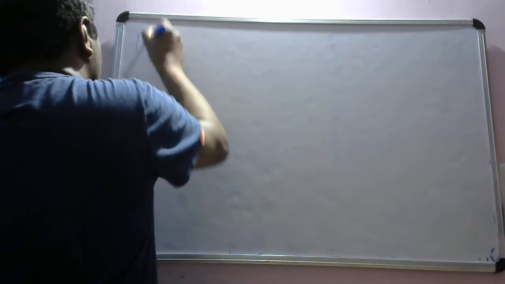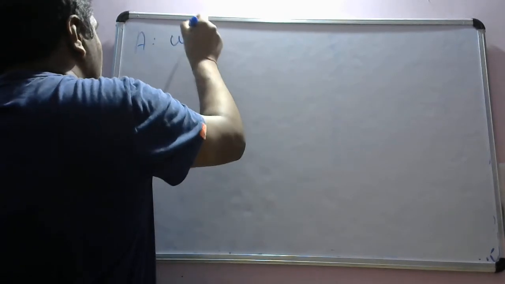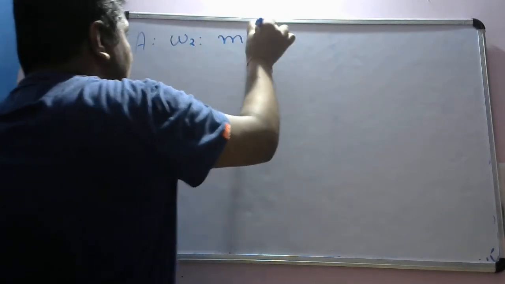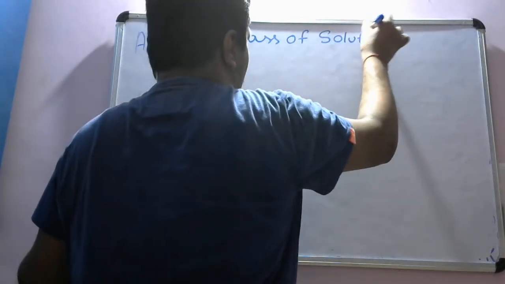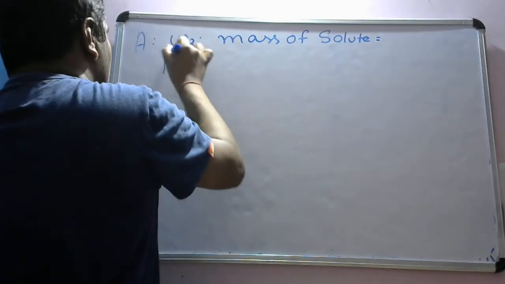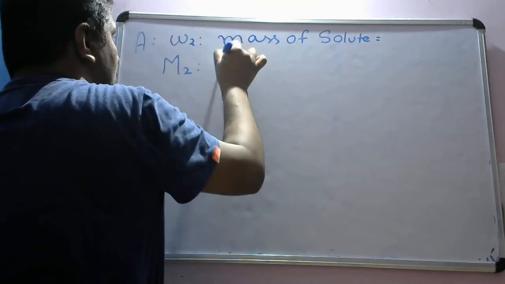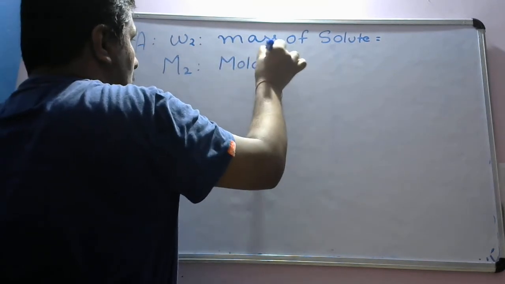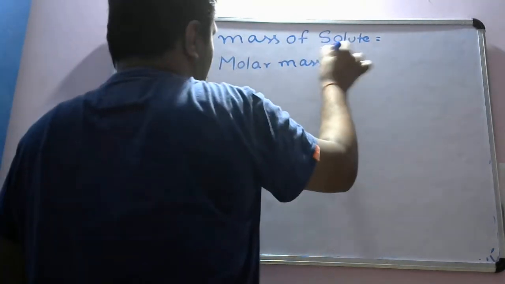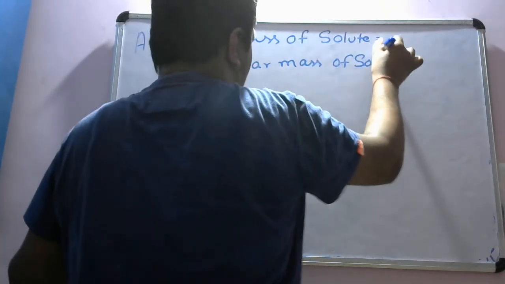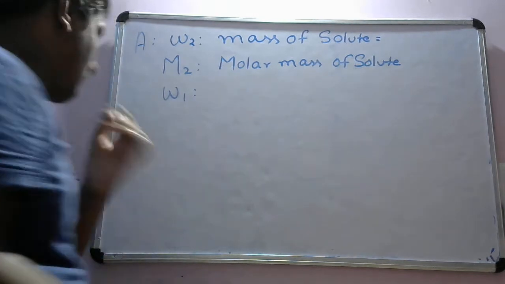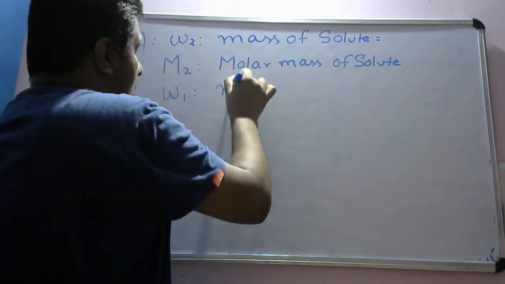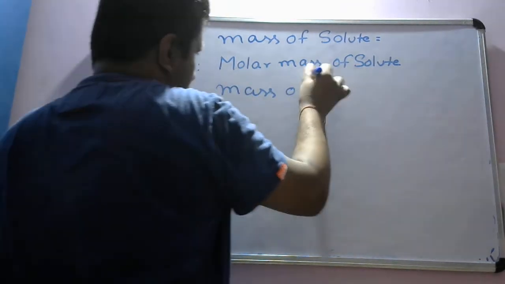First let us write down the notations. W2 is mass of solute. M2 is molar mass of solute. W1 is mass of solvent, solvent is benzene.